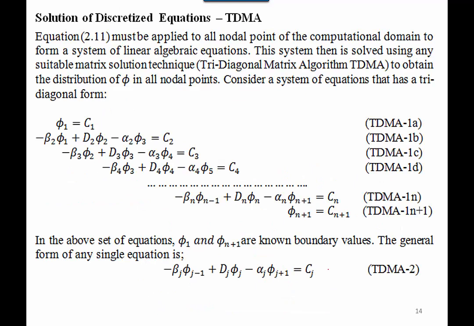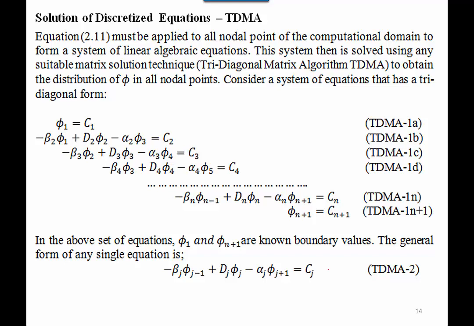So we will have a set of equations equal to the number of control volumes in the domain, and each algebraic equation will be different from the other. So if we divide our domain into 5 points, that means we will have 5 algebraic equations with 5 variables.